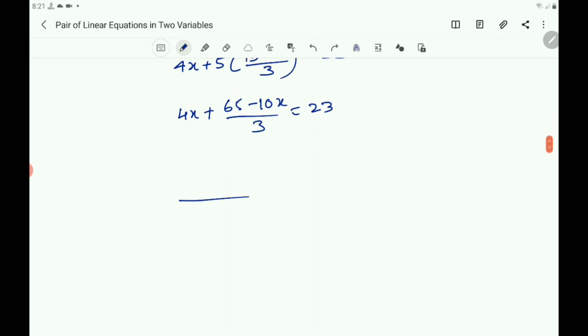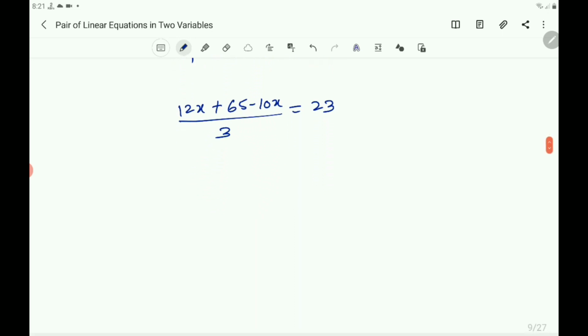LCM is 3. 4x into 3 is 12x, plus 65 minus 10x as it is, and you take this 3 and multiply with 23. That is the cross multiplication. 23 into 3 is 69.